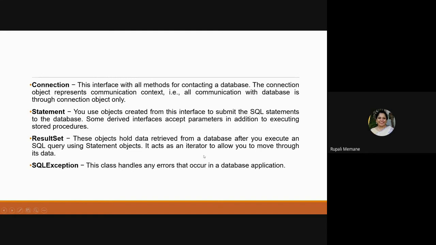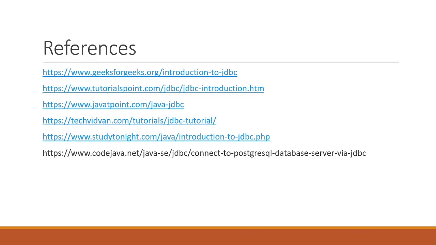And if there is any error with the database, any error with the statement, a statement is given wrong, a result is coming wrong, a connection or table is given wrong, it has to throw an exception, called the SQL exception, which is there to handle any errors given to you by the database application. Maybe the connection is not done, the connection is broken, or the password given to the database is not given properly, or no such database exists, no such table exists, or the data is mismatched. Any SQL error can be handled by this.